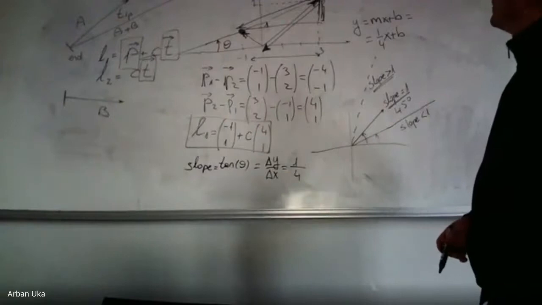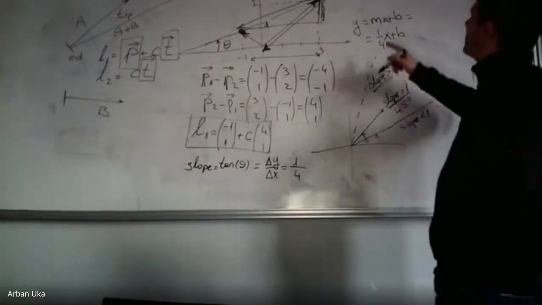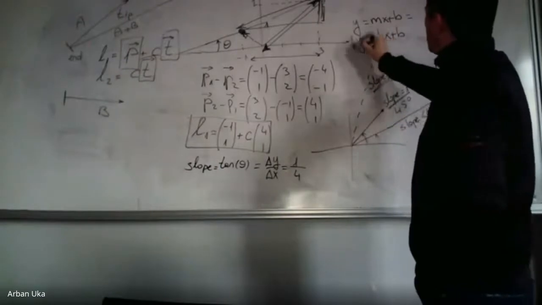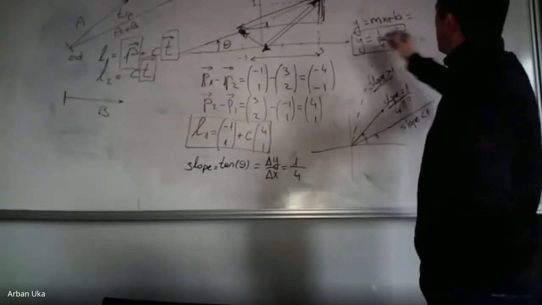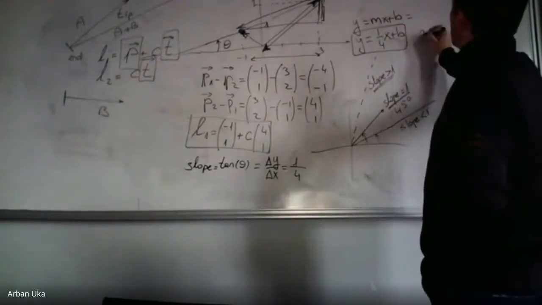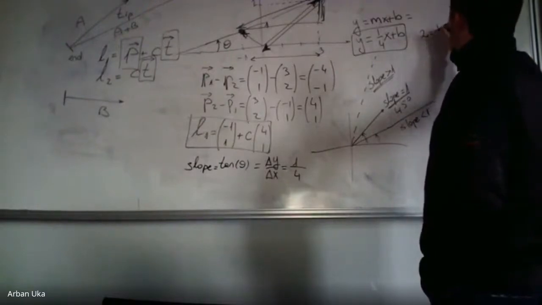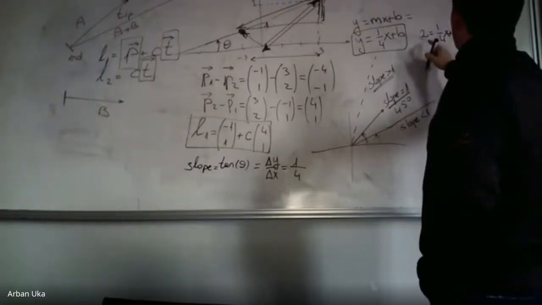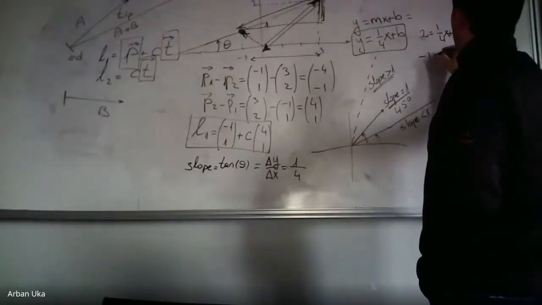Can we plug in x and y, for example, 3 and 2? Yes, let's do that. For 3 and 2, that means that x is 3. So this is the equation. And then y is equal to 2.